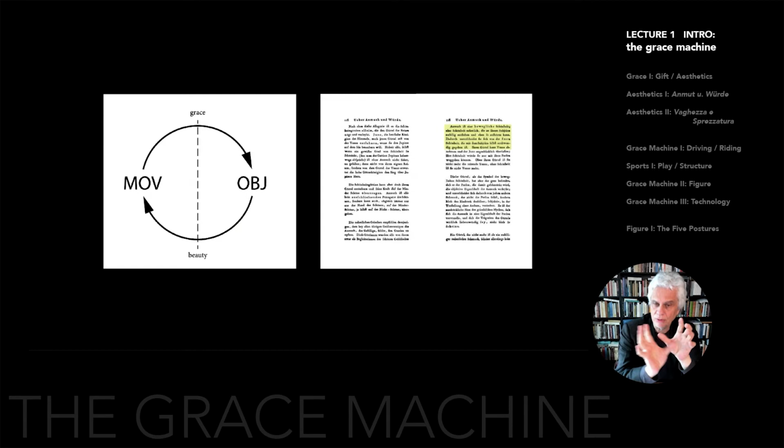So there's an asymmetry between them, while with grace and beauty there is a symmetry. So one is transforming into the other. So movement transforming into an object, which is quite different from the beauty of motion. It's really motion itself finding a contour and then being a state of grace, as a figure.